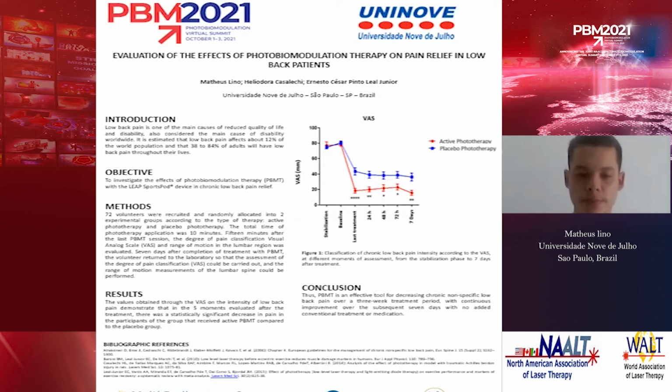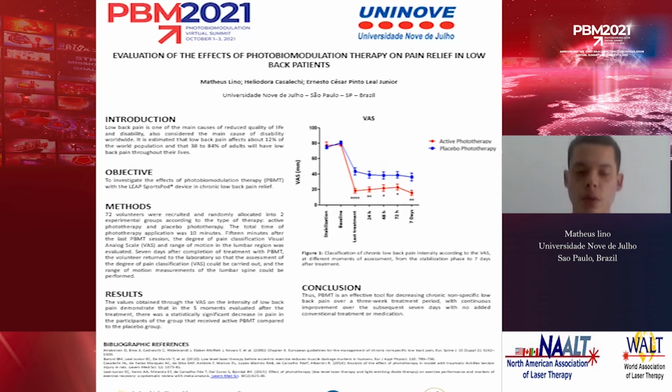Results. The values obtained through the VAS on the intensity of low back pain demonstrate that in the 5 moments evaluated after the treatment, there was a statistically significant decrease in pain in the participants of the group that received active PBMT compared to the placebo group.